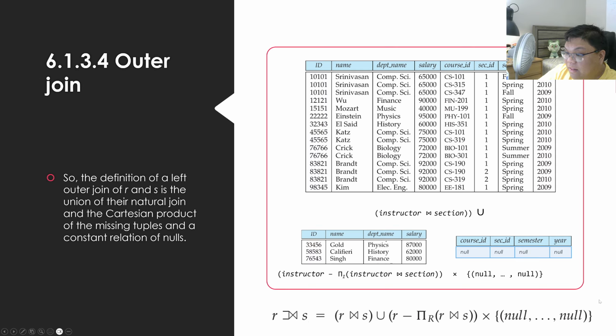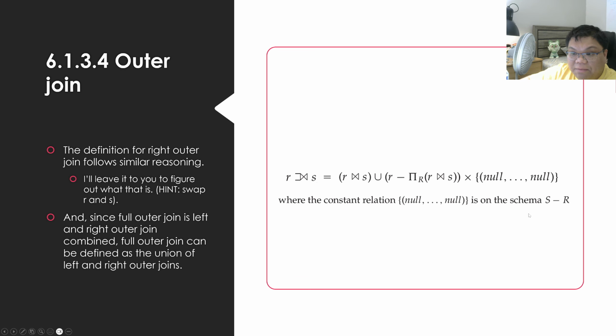And right down here, that's the definition of outer join. The definition here is for left outer join. Right outer join follows similar reasoning. And once we have the definition of both left outer join and right outer join, we can union those two and get the definition of full outer join.